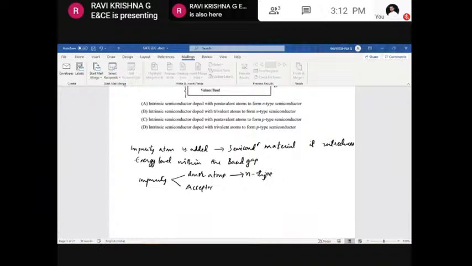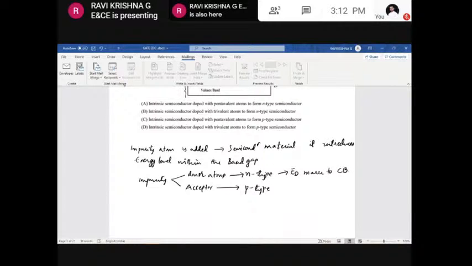If we add the acceptor atoms into the intrinsic semiconducting material, then that leads to the P-type semiconductor. Whenever donor atoms are introduced into the intrinsic semiconductor, an energy level known as the donor energy level will be introduced within the energy band gap, and this donor energy level will be nearer to the conduction band.